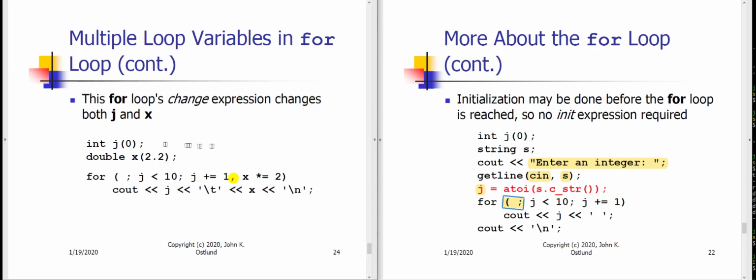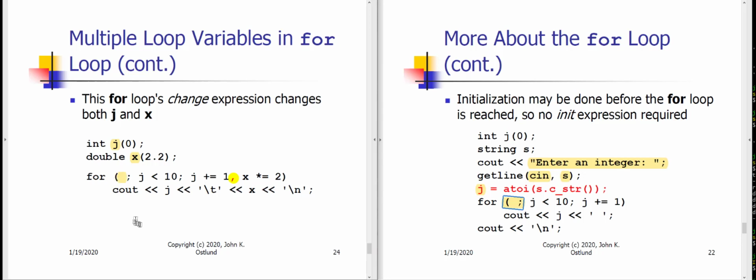Here's an example. I have j is an int initialized with 0. X is a double initialized with 2.2. Now, because I've initialized j and x right in their declarations, and they're so close to the for loop that I don't have time as a coder to forget what I've done, I'm not bothering to do any initialization.